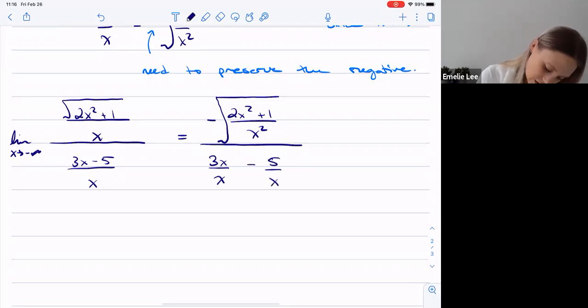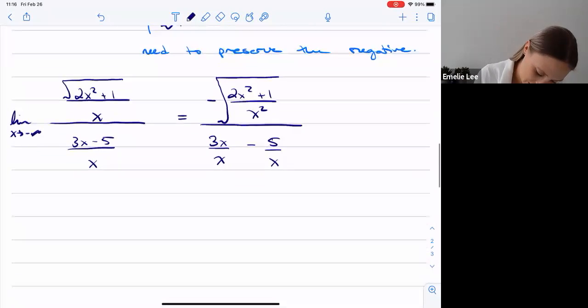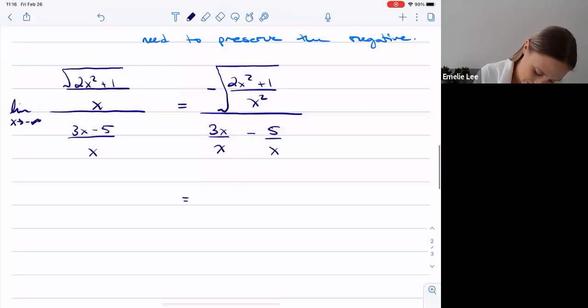If you wanted to just skip to 3 minus 5 over x, that's totally fine. I just want to show you every step, and then there are some steps that you can kind of skip. So if you ended up going straight to this next step that I'm about to do here, that is fine.